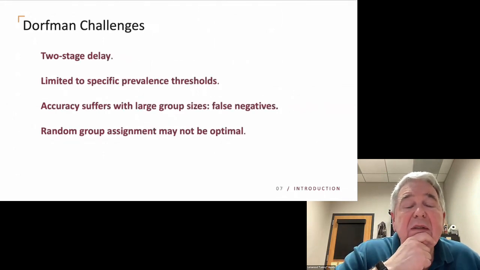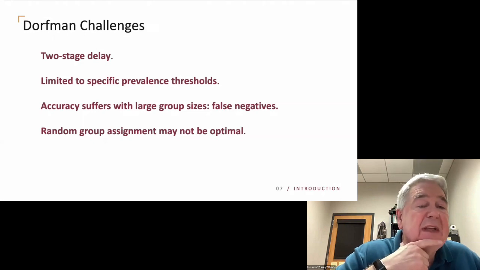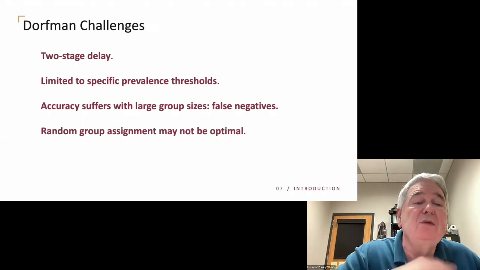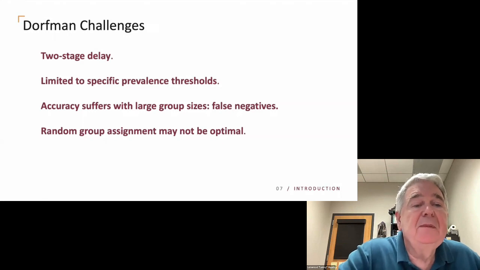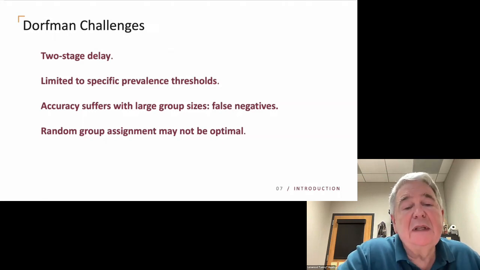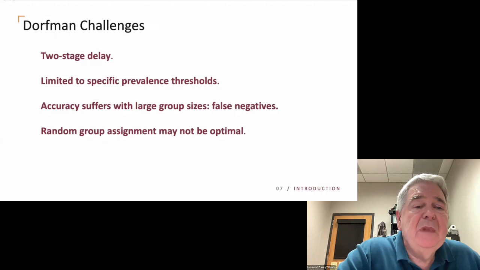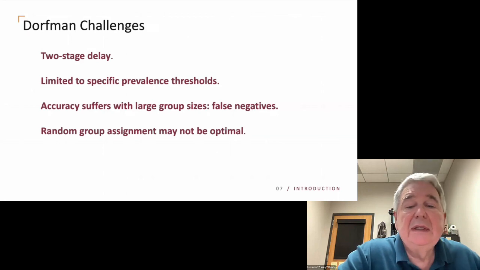Dorfman is not without its challenges. It takes 2 stages of testing to complete 1 round of testing, and so it's time critical. It's best during low prevalence times, so the prevalence threshold needs to be kept in mind. If you use too large a group size, then you're likely to have some false negatives, and that's not a good thing.